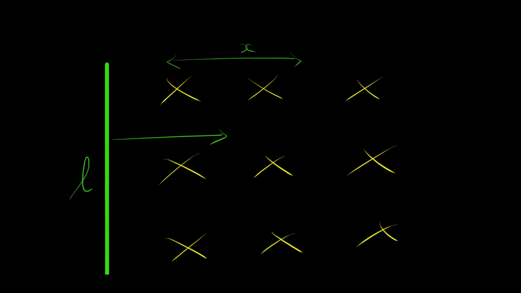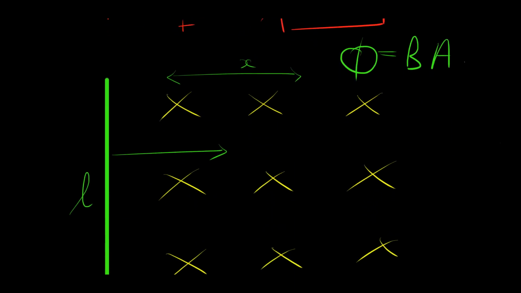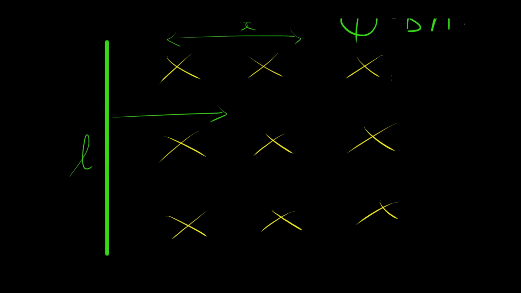If you guys remember from previous equations, phi is equal to BA, right? Well, the magnetic field strength is going to stay constant per area, but the area that's going to be traveled by this particular piece of wire is going to be Lx, right? Therefore, we can work out what phi is going to be.